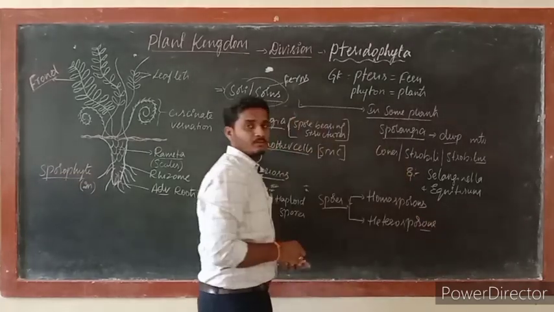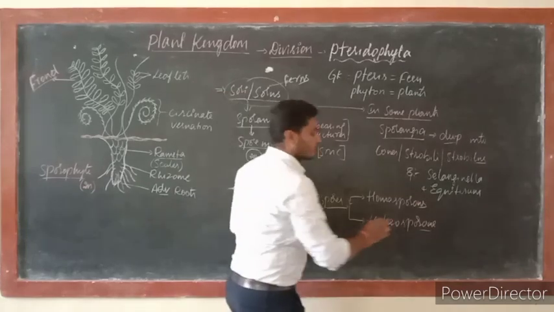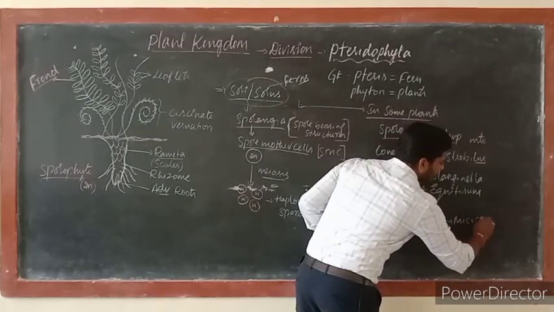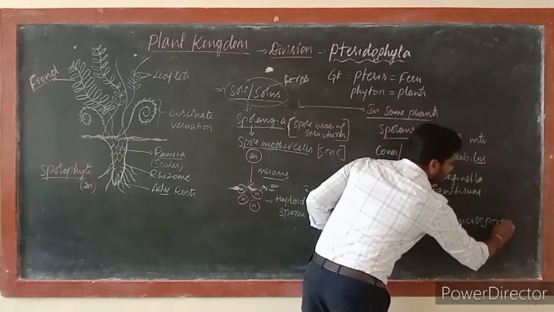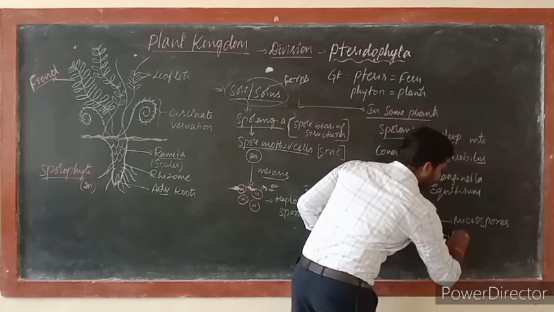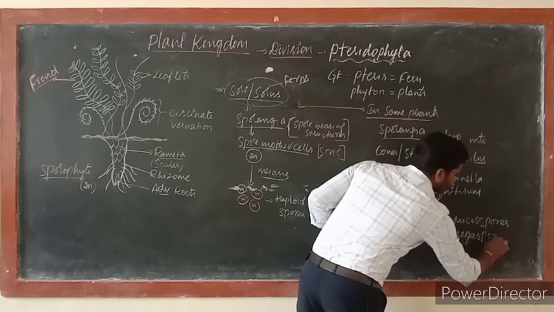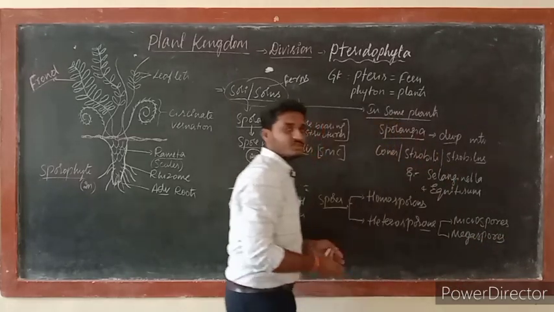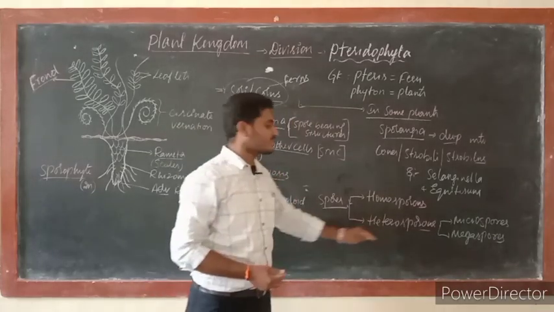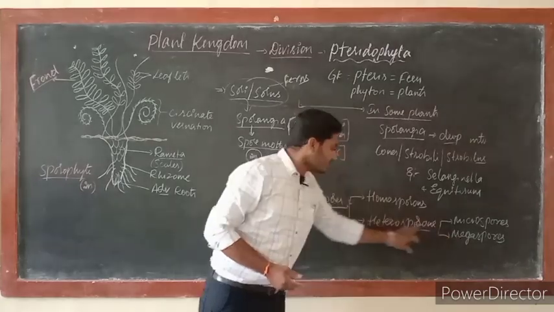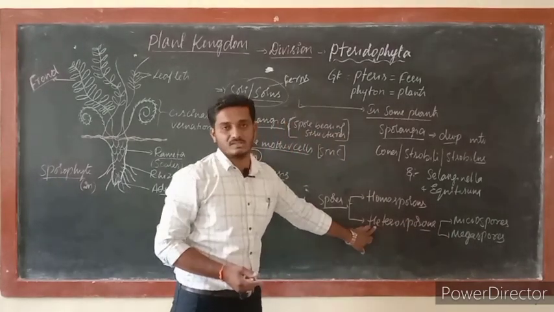Heterospores can be seen. What are the 2 types? Microspores and megaspores. Due to the presence of microspores and megaspores, they are called heterospores.